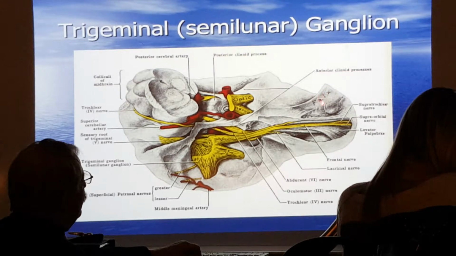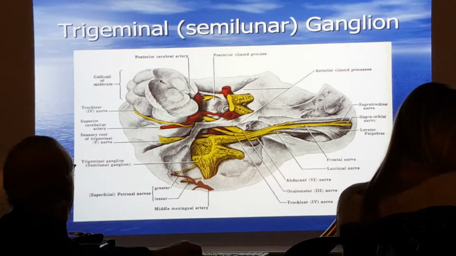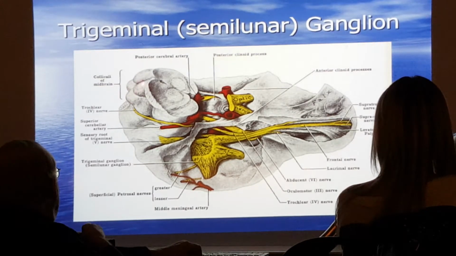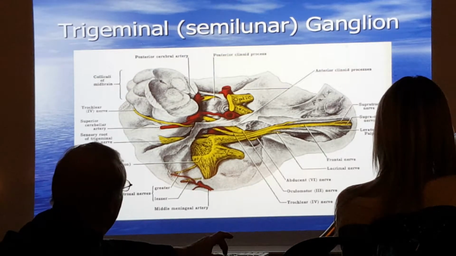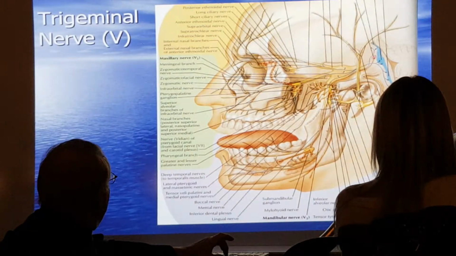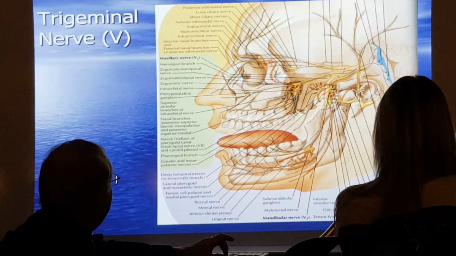That's neat, I never knew I even had a picture of that. Back here are the 4 bumps, the corpora quadrigemina. This is your typical cluttered Netter picture, if you really want to know everything, which I'm not sure I do right now anyway.